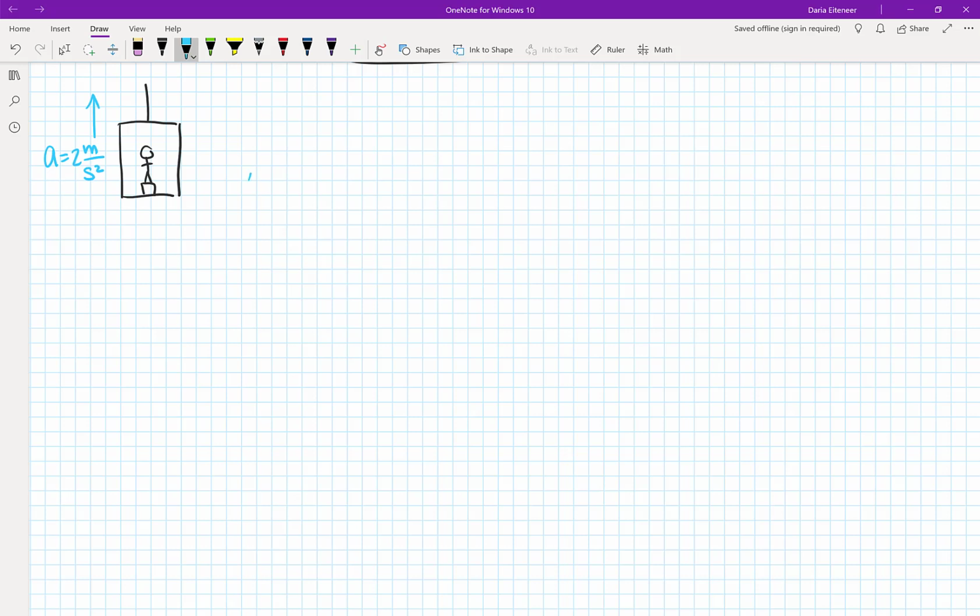I'm only going to consider a free body diagram of the person. The scale is not important. The only reason I drew that free body diagram of the scale before is because I wanted to address that action-reaction pair. But now it's all about the person.